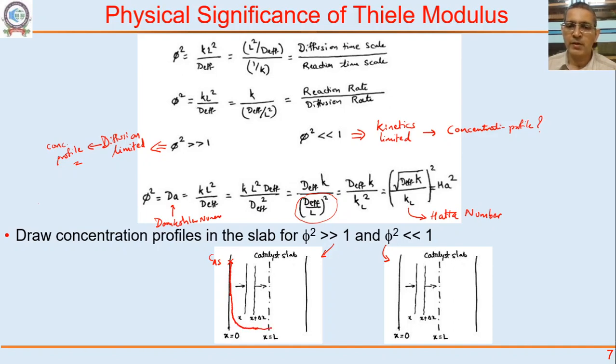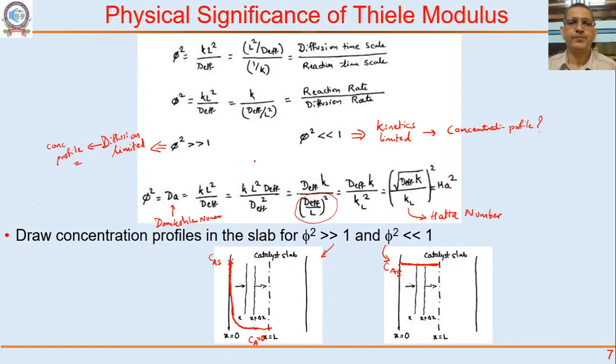So concentration of A becomes 0 very quickly. If phi square is far less than 1, diffusion is very fast, reaction is very slow. So if this is our Ca bar or CAS, practically everywhere concentration is equal to CAS. Okay, and here it reacts and diffuses inside.